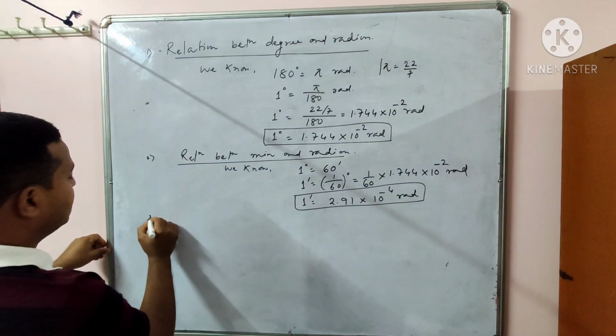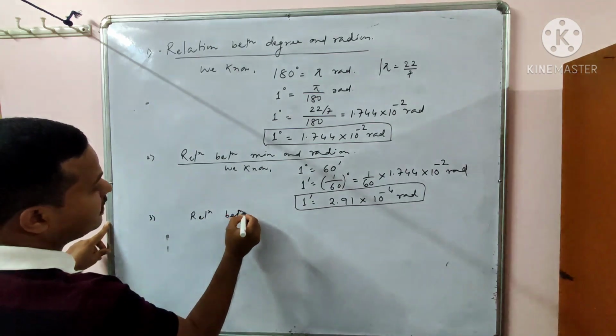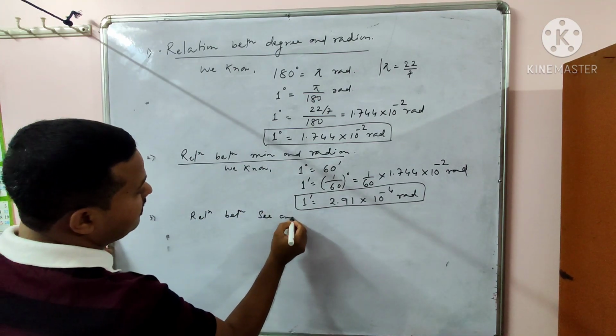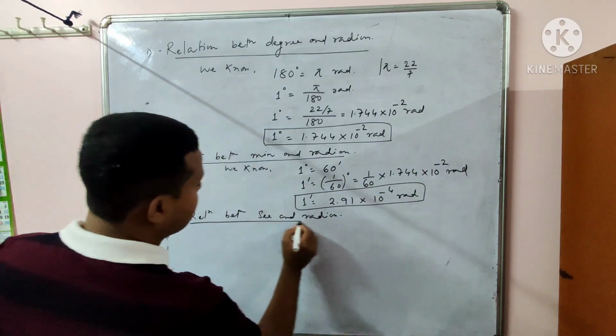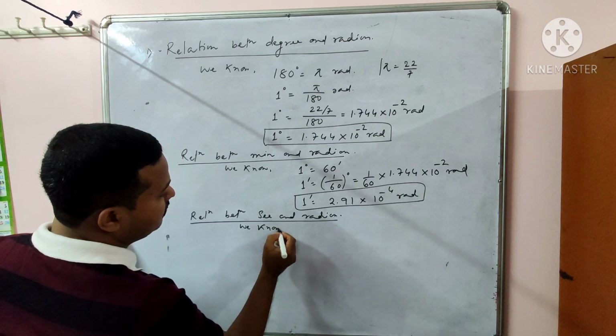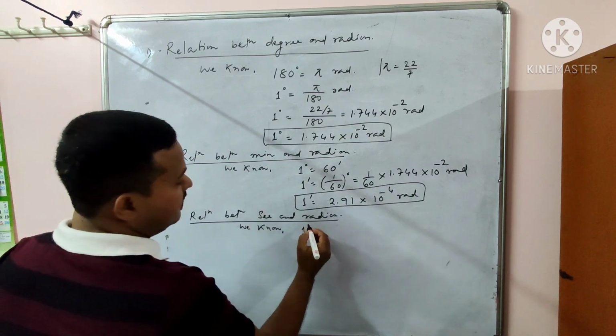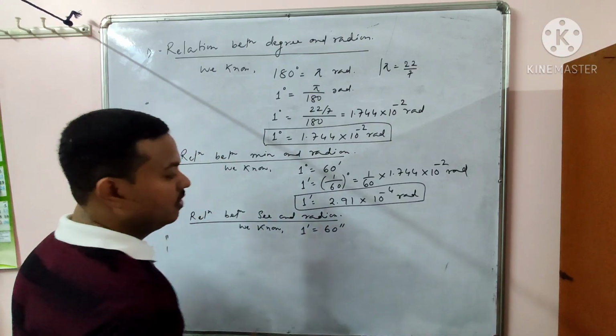Similarly, let me convert into a relation between second and radian. Again we know 1 minute equals 60 seconds. Second means double dash.